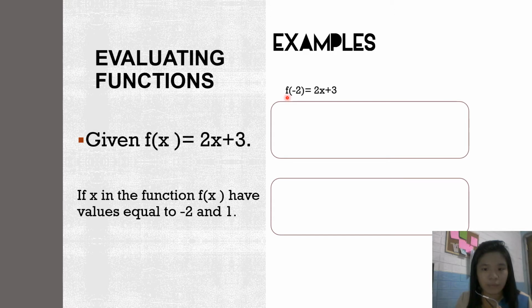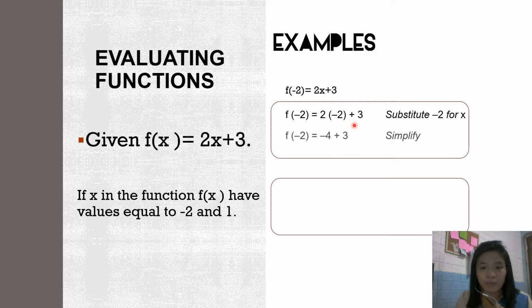So we have f of -2 equals 2x plus 3. First step is to substitute the value of x. So we have 2 multiplied by -2, plus 3. And then we simplify. 2 multiplied by -2 is -4.